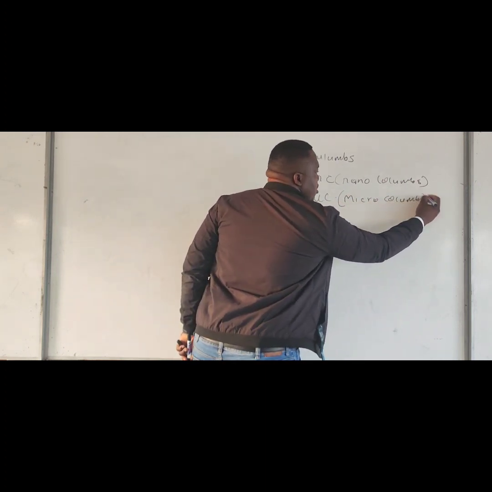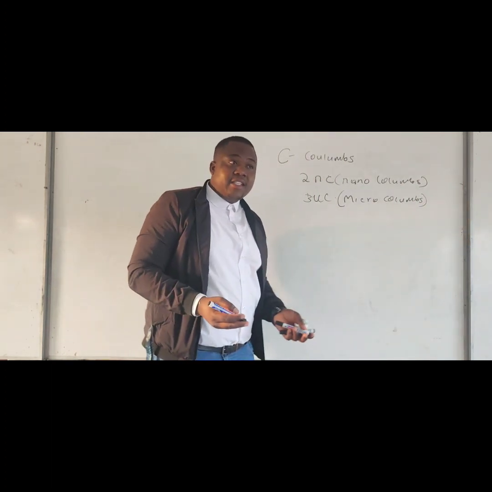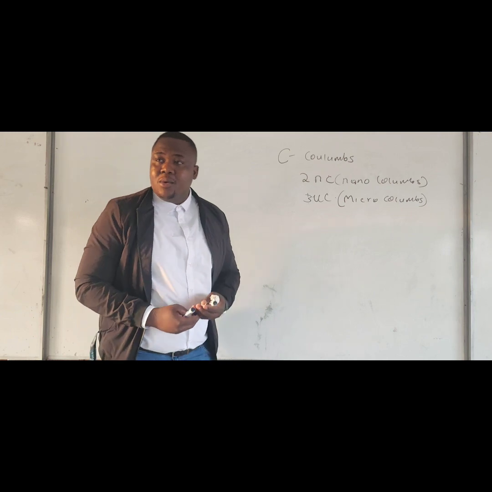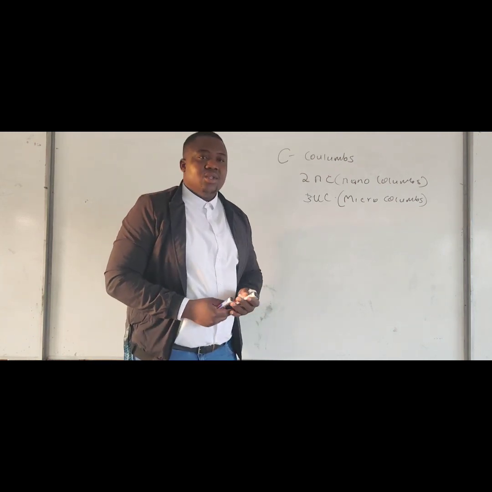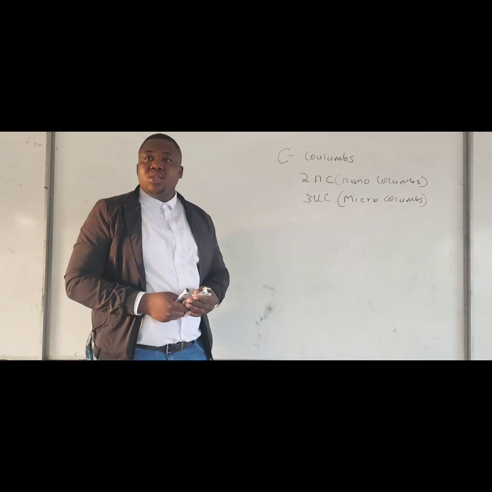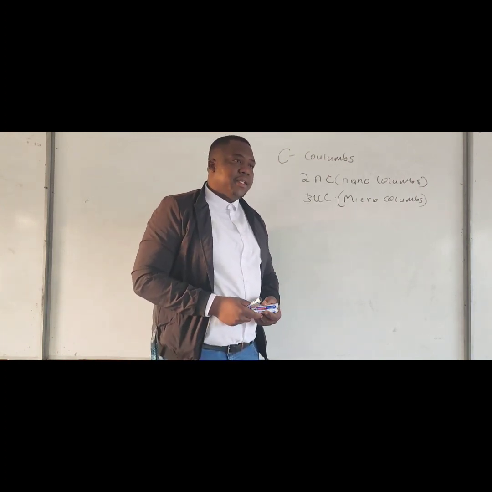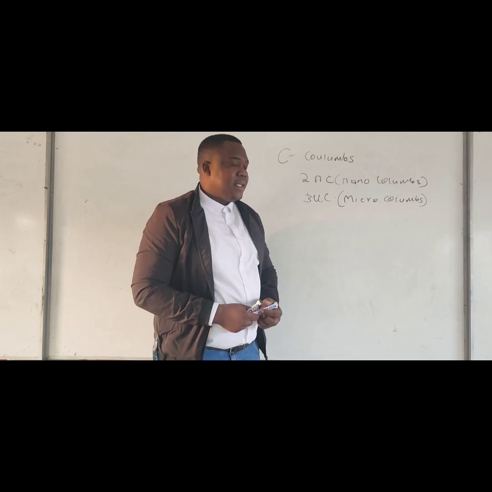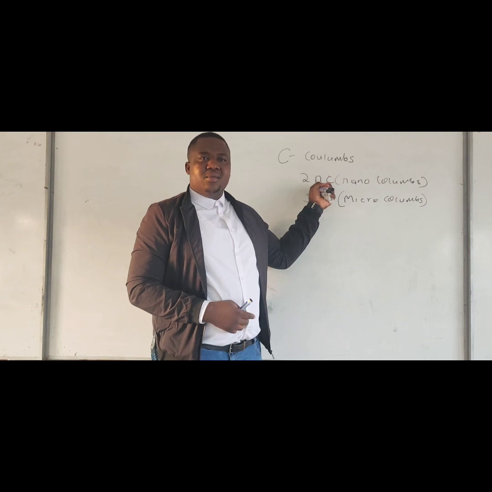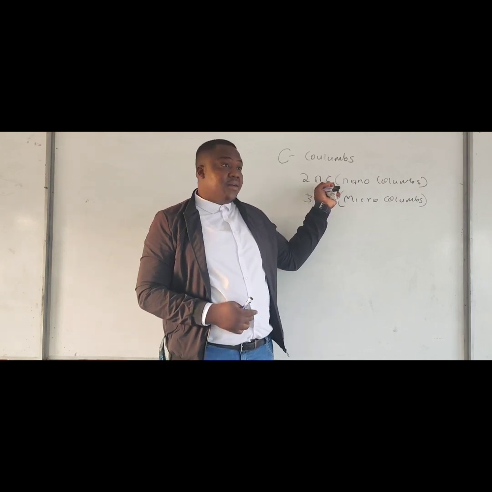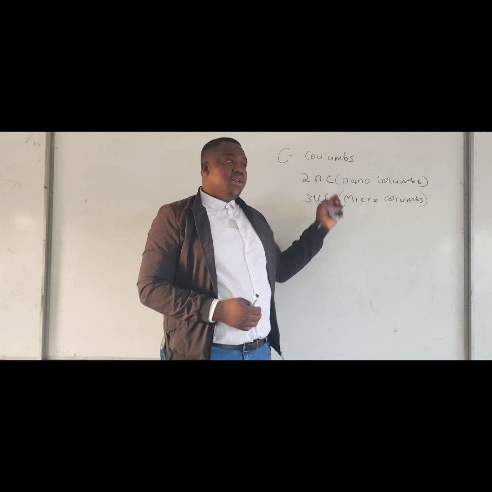We know we have data, we buy gigabytes, megabytes, terabytes, those things are represented by numbers. So nano coulomb is one of the smallest units, right?